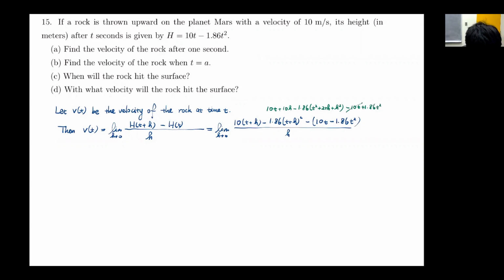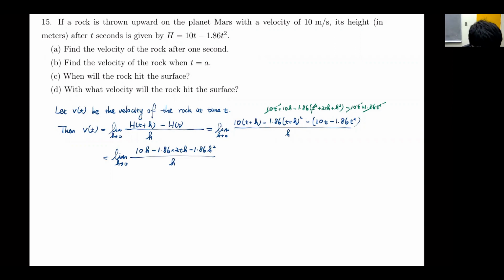The minus 10t is gone with the first term, and 1.86 t squared will be gone with the middle term. So what remains in the numerator is 10h minus 1.86 times 2th minus 1.86h squared. Nothing else remains, and this whole thing is over h.